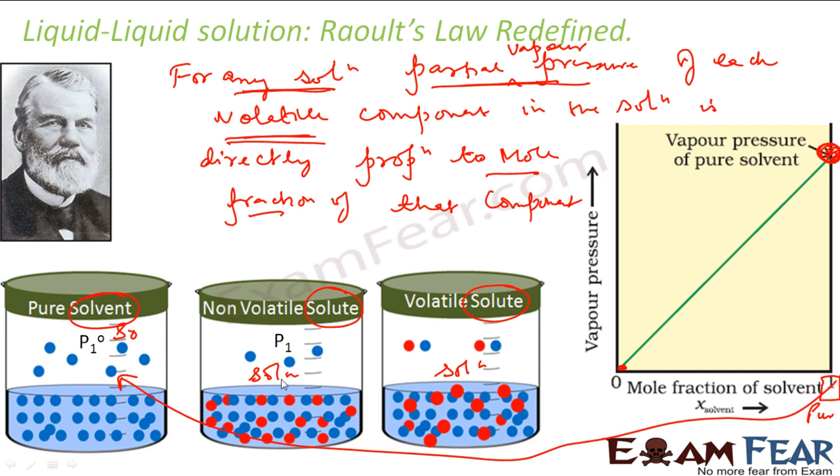So in this case of non-volatile solute, only solvent molecules are present. You see the red ones are not there, and only the solvent molecules contribute to the vapor phase. So if I want to write the total pressure, P1 will be nothing but P1 naught into X1, and that will be my total pressure. In the other case, P1 is equal to P1 naught into X1, P2 is equal to P2 naught into X2, and total pressure will be P1 plus P2.